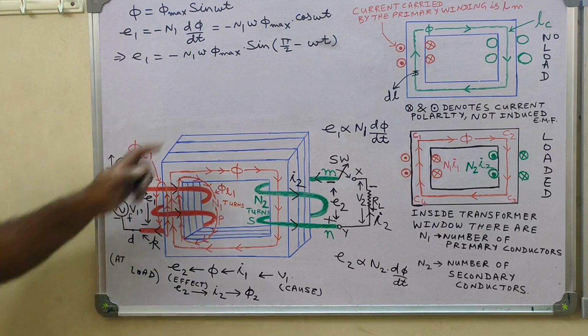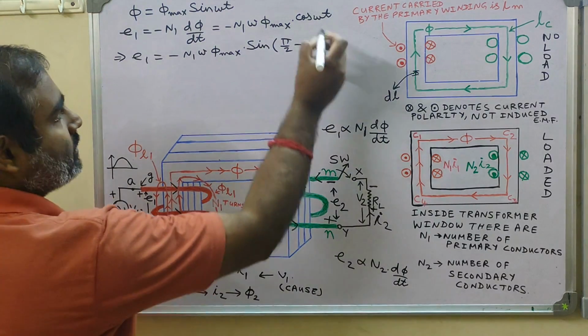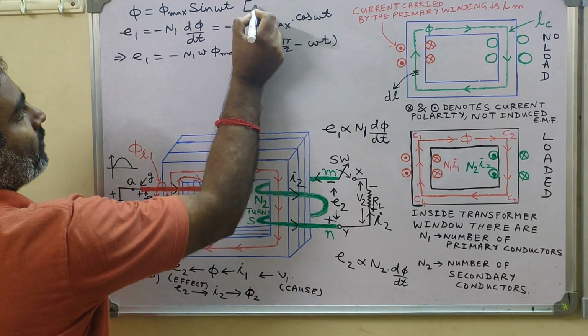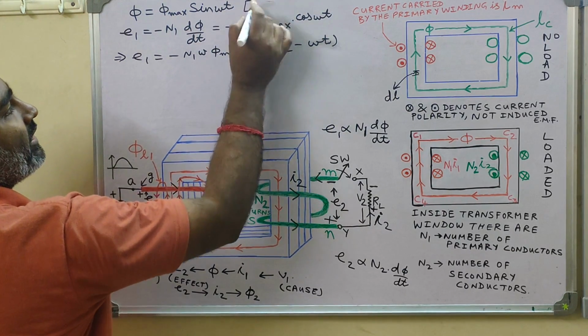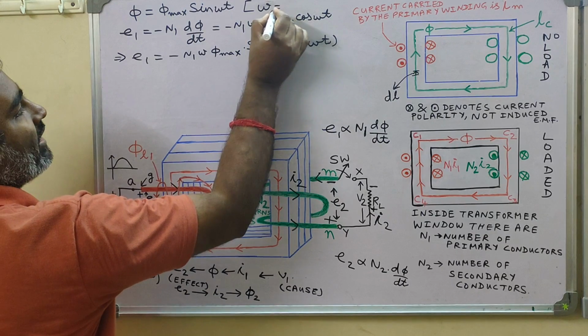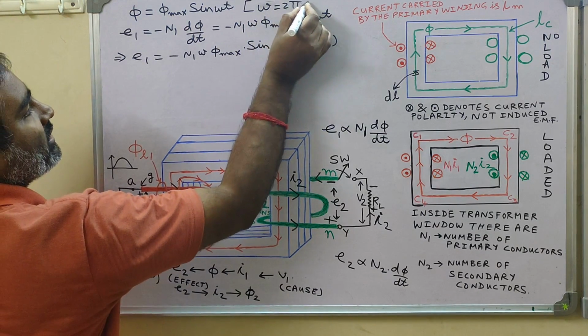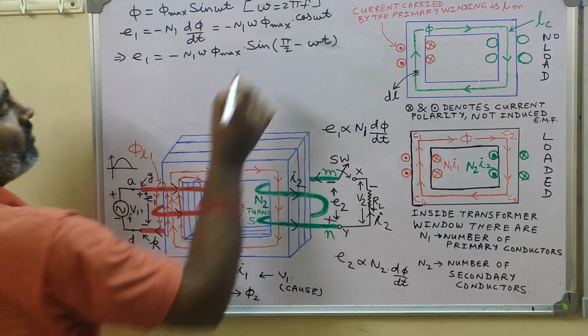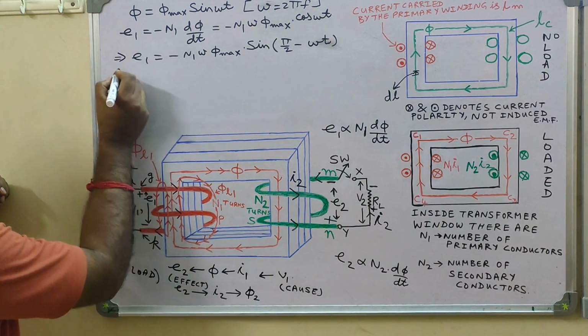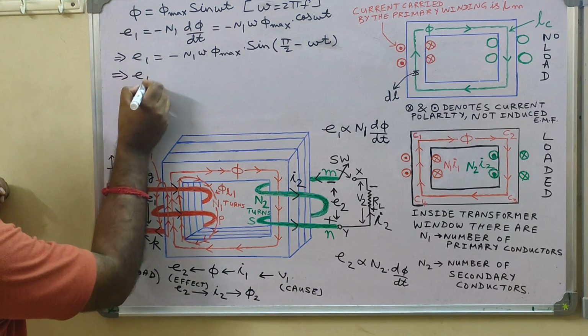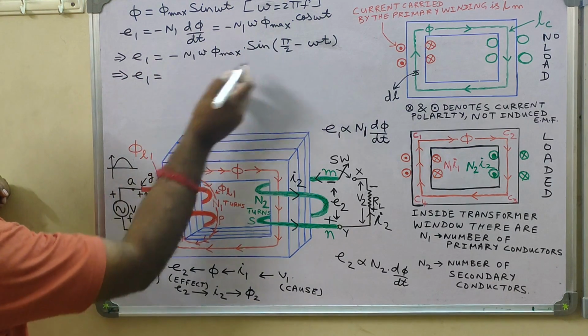Now this omega is the angular supply frequency, so omega can be written as 2 pi f, that is the frequency in radians per second. Now sine is an odd function, so the minus sign can be taken inside.